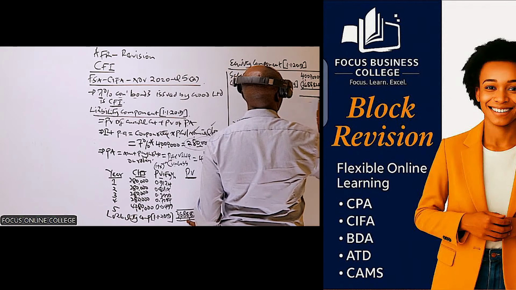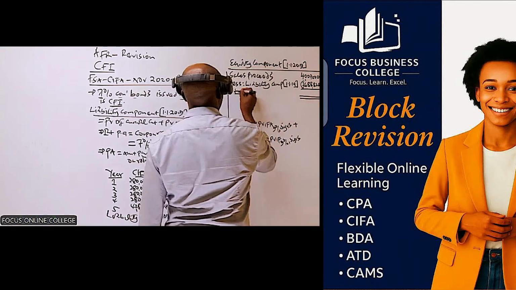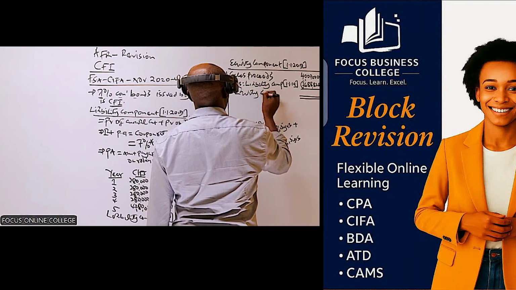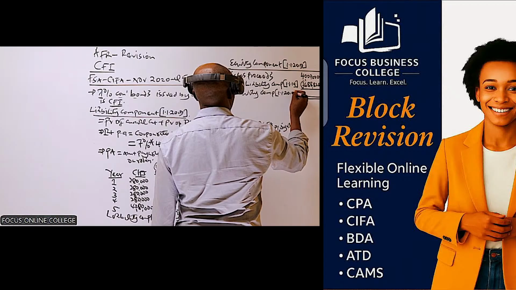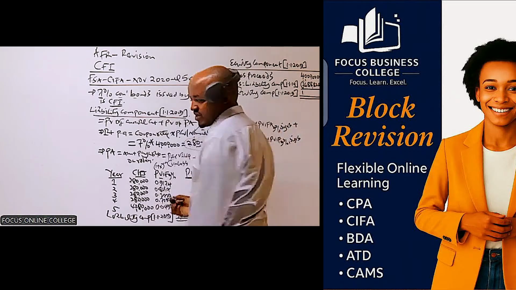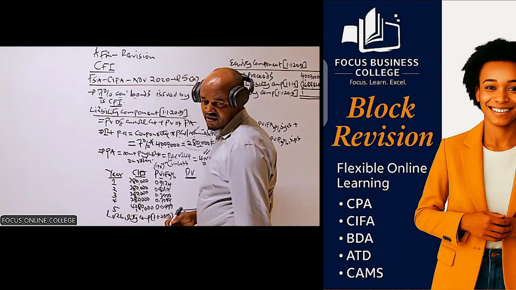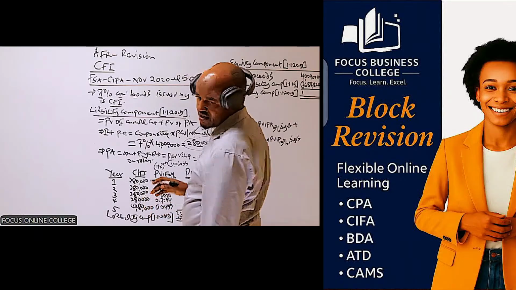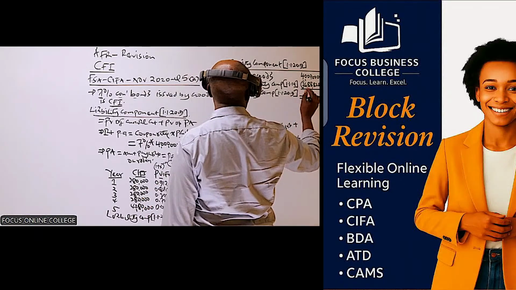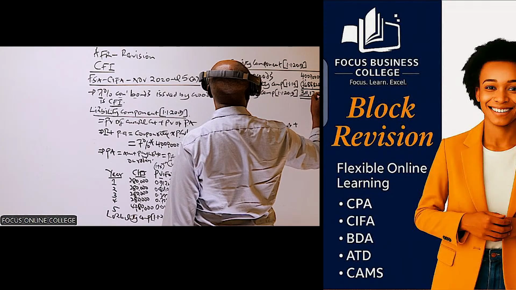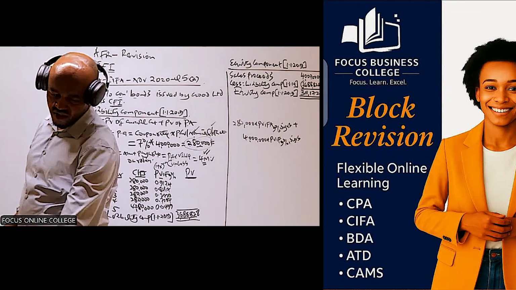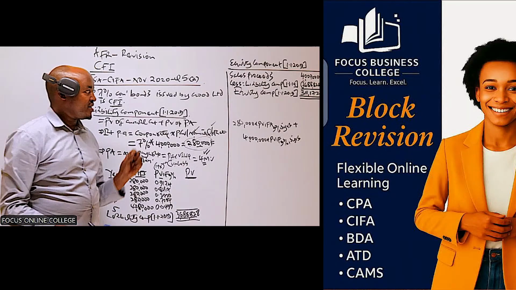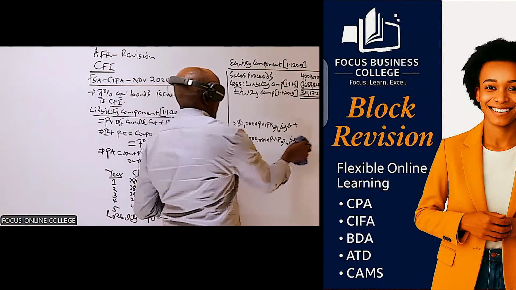So the difference here will be the equity component on 1st of January 2019. And this should give us 300,172. That is the equity component.